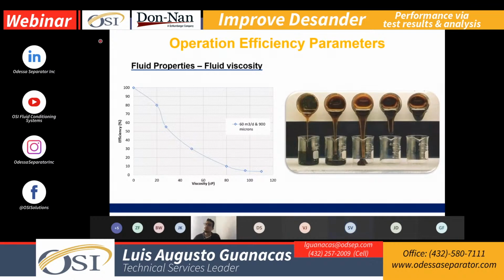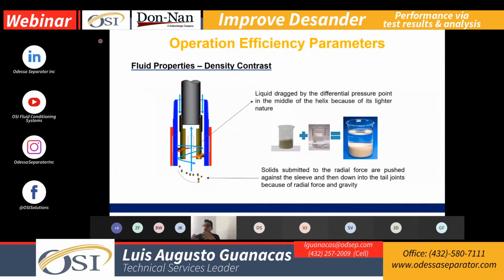This is another factor that really plays an important role, and this is really close to the question that Jason asked, and it's really close to the information that Shivani is going to explain next, and it's the density contrast. The higher this contrast is, the better the separation efficiency is going to be. Then, if my particles are bigger, my efficiency is going to be better.